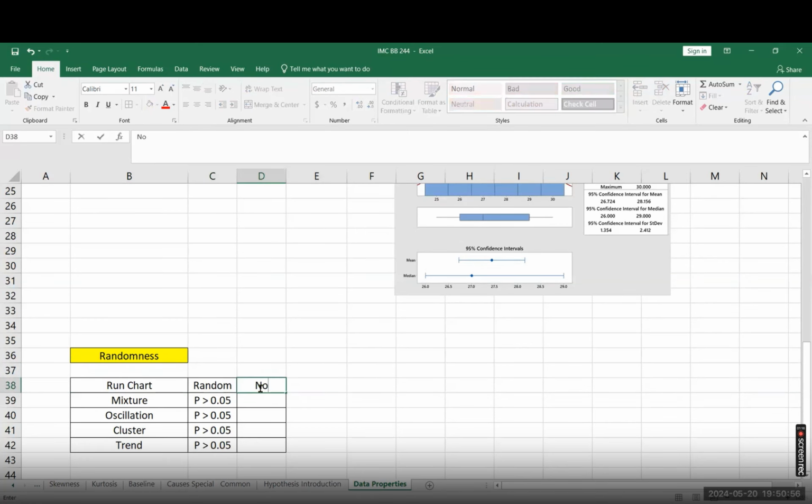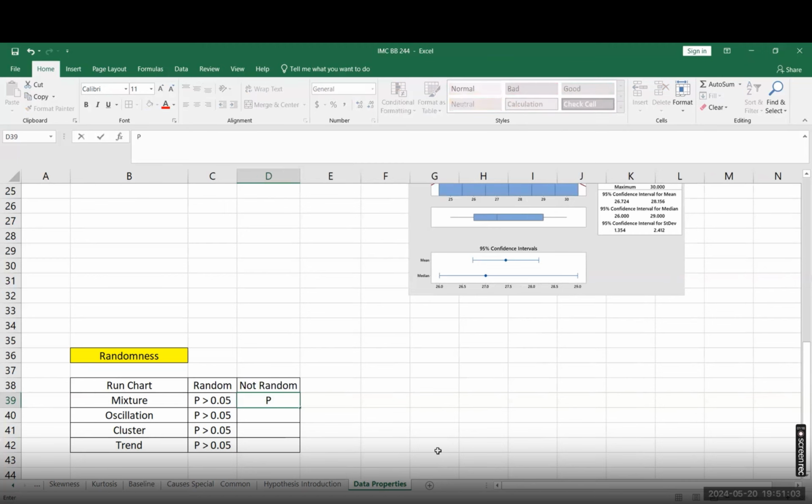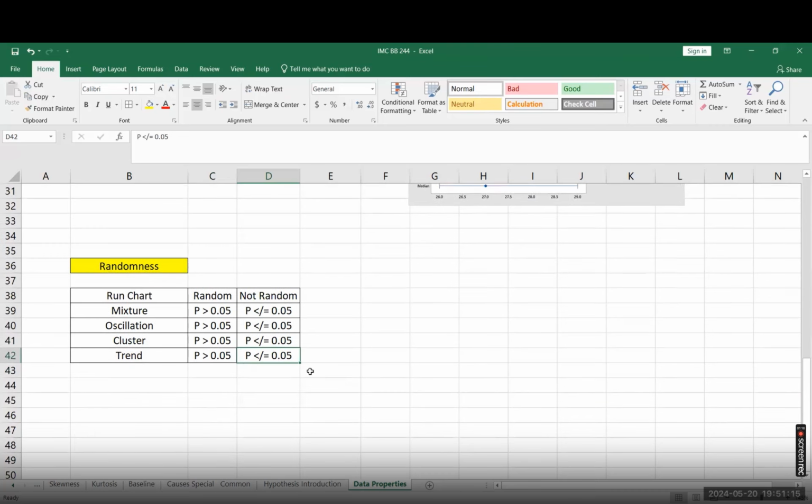Or the data may be not random if the p-value is less than or equal to 0.05. This is what we do. So let's understand what mixture, oscillation, cluster, and trend are.